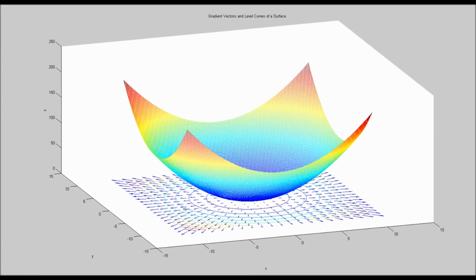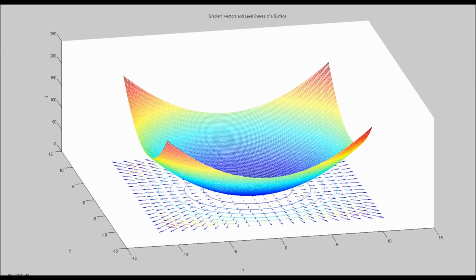Down there on the xy plane, you can see level curves for different values of our function. So at different values of z, we're plotting the projection of the corresponding level curve down onto the xy plane. And each of those arrows are gradient vectors at different xy points along this curve here.